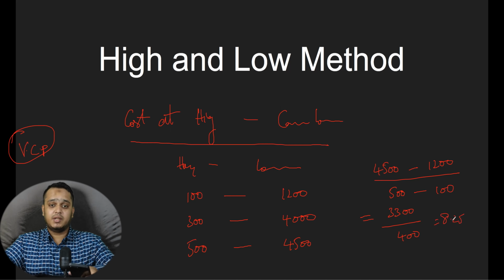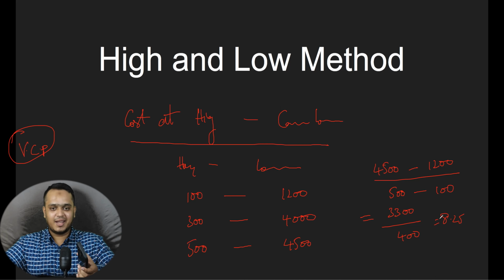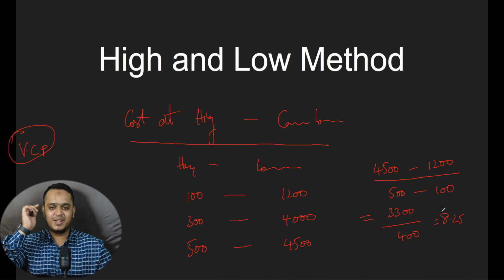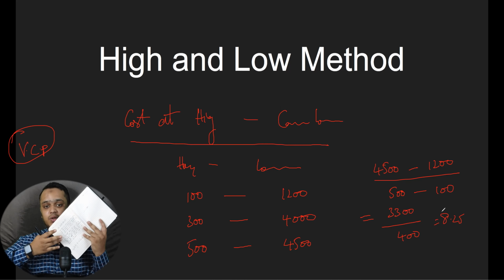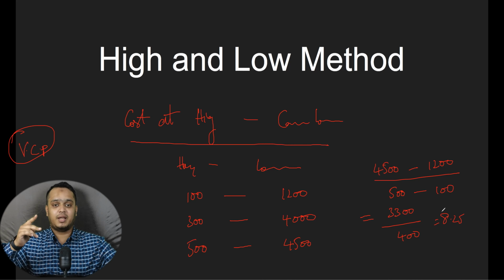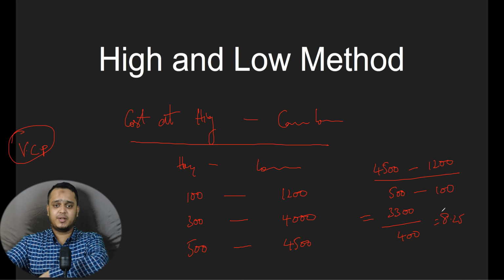Now I request each and every one of you to have a calculator. I don't know where my calculator is. Maybe I've given it to a student. I'm using my mobile phone, but please make sure that you have a calculator with you. And also you should be having a book with you to do all the rough work, because in your examination, you would be given a scratch paper for it.